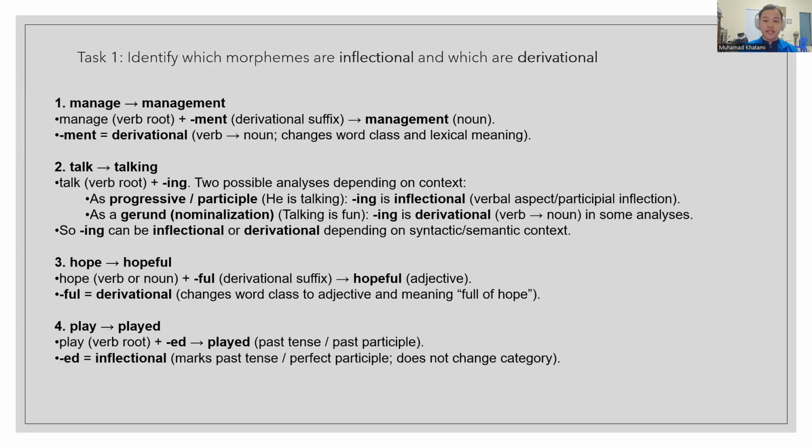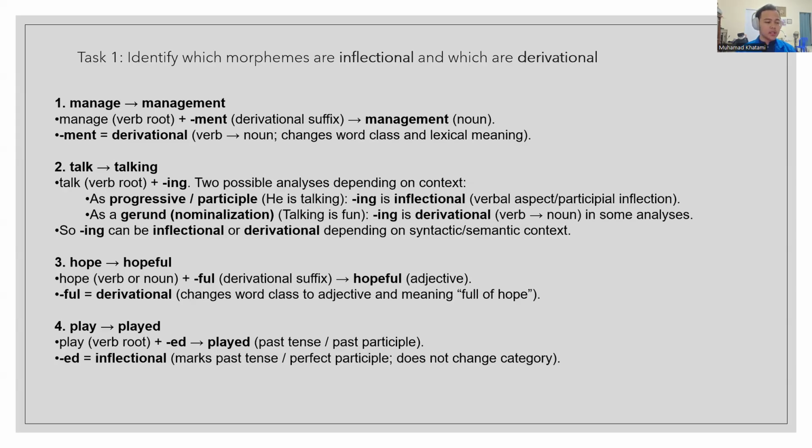So the ing in talking can be inflectional or derivational depending on the context of the sentence, but because there's only the words talk and talking, these two are the possible outcomes of the answer.